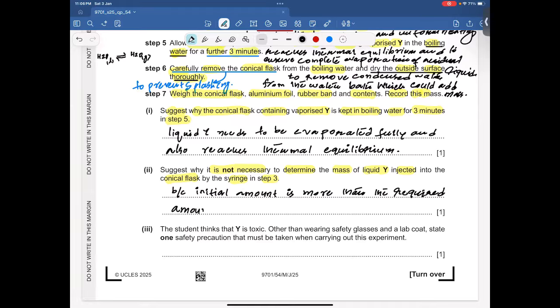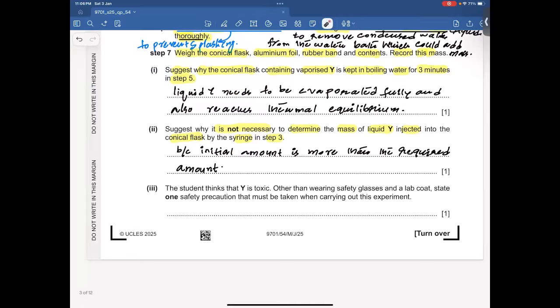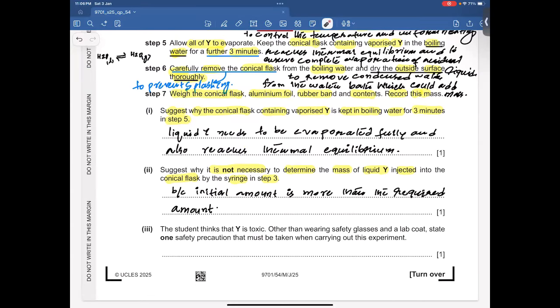And one more thing, we need the difference of mass. So we really don't need the initial mass of Y which is injected into the conical flask. We just need the difference of that mass, which we can find out very easily. The student thinks that Y is toxic.